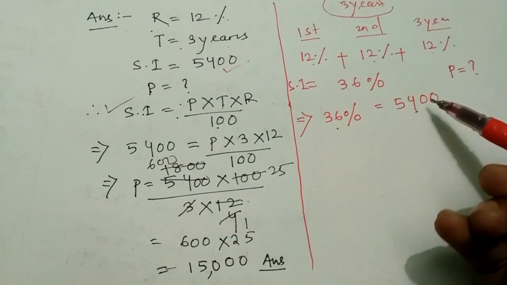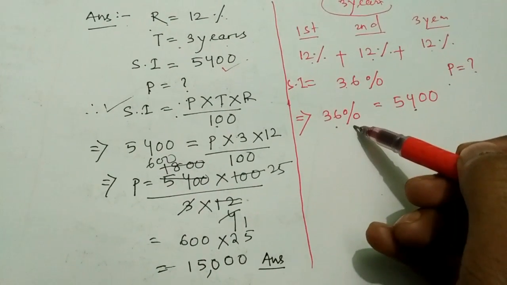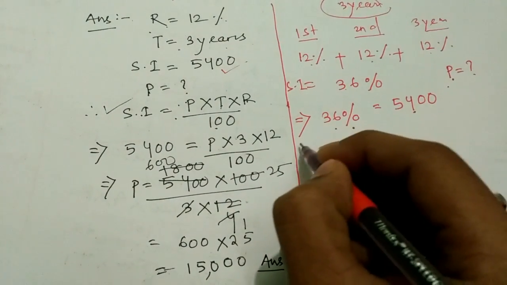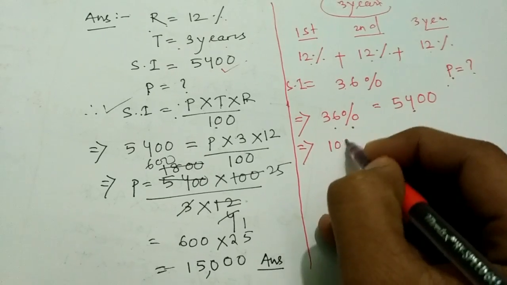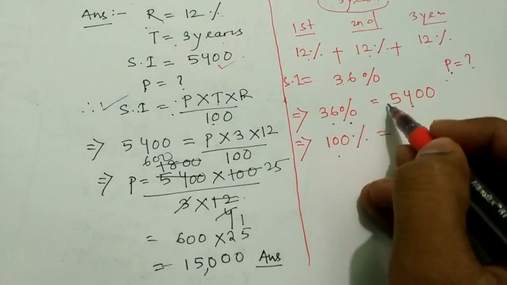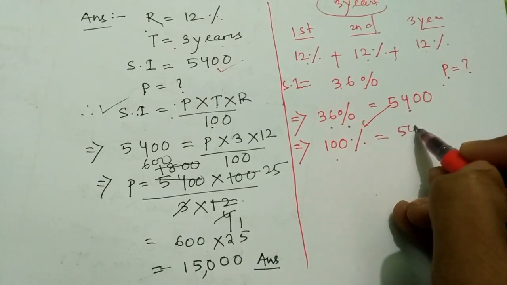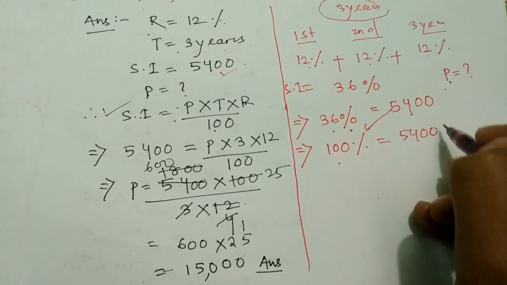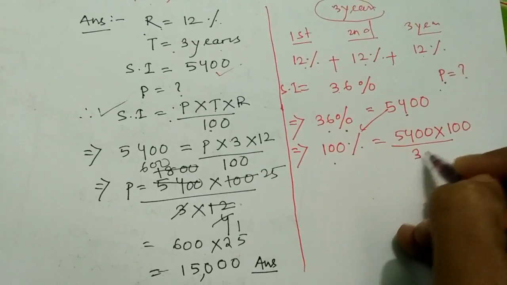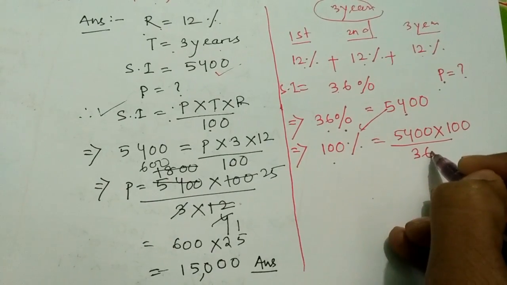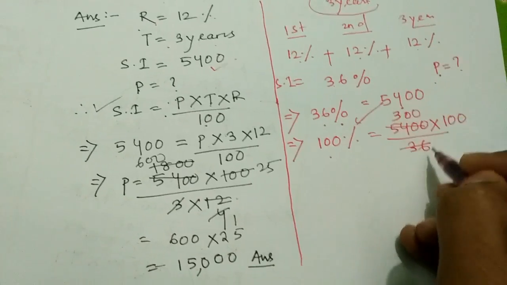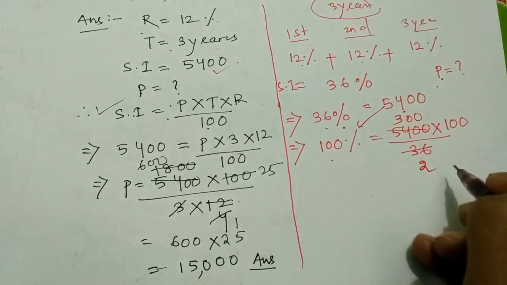If you watched my previous video, this is the simplest question. As you know, the principal value is always taken as 100%. So simply we have to find out the value of 100%. If I find it out, you will get the answer. How can you do that? 5400 into 100 divided by 36. 36 18 18, 3 is a 54, 18 2 is a 36.